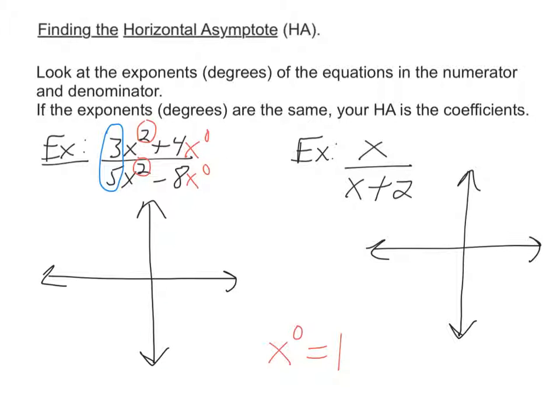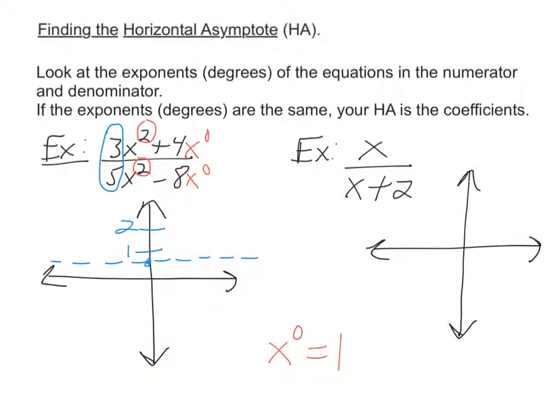So if our degrees or exponents are exactly the same, we look at the numbers in front, the coefficients, the 3 and the 5. We go to 3/5 and draw a horizontal line right through 3/5. So let's say that's 1, that's 2, 3/5 is, I don't know, probably about right there. And we would just draw a dashed line there. That represents our imaginary line.